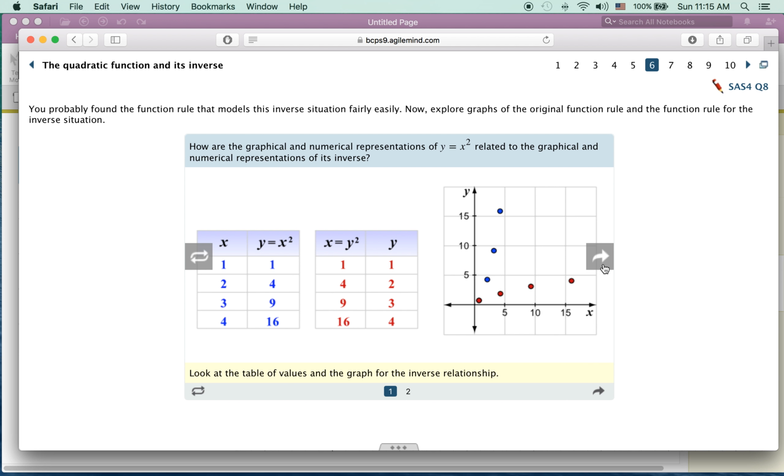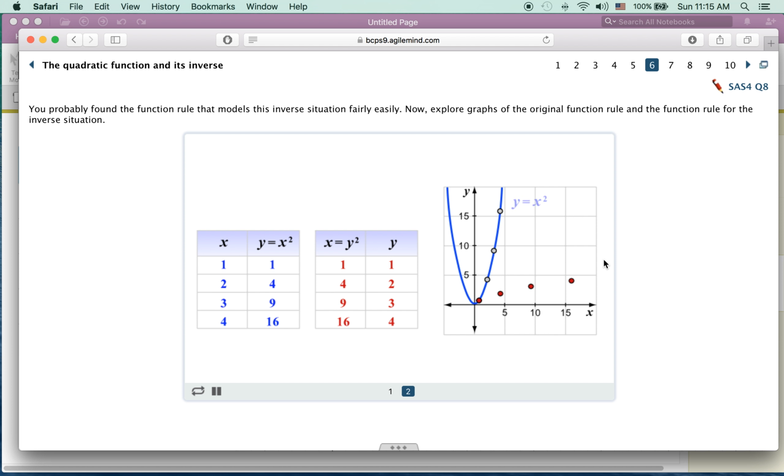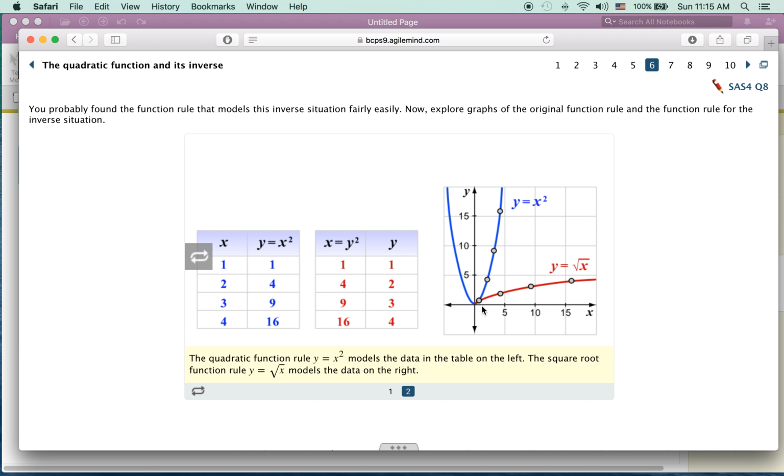And of course, as always, you can see that the inverse is symmetric about y equals x. Now, it doesn't really look like its inverse because if you really reflected this across y equals x, you would have another branch here.